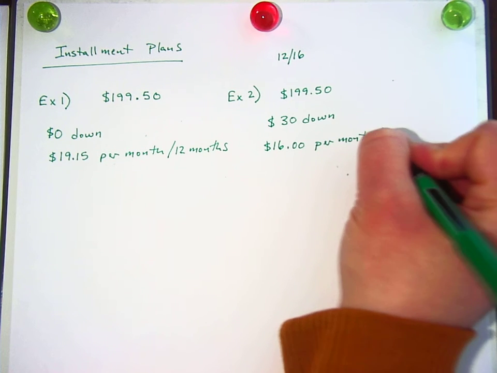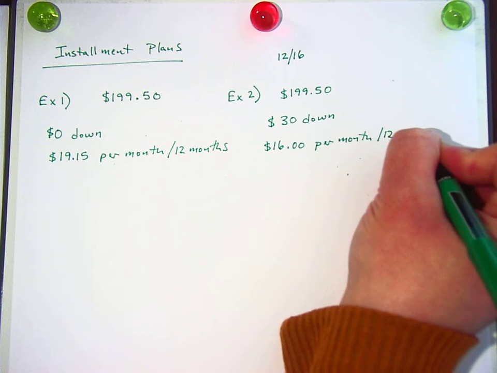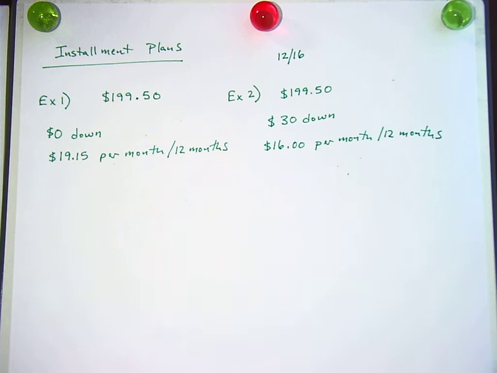Again, for 12 months. So 2 kind of different scenarios. And by the way, when you pay for an installment plan, it depends on the company. Some companies won't let you have the object until you've paid it off, and some companies will allow you to have the object before you've paid it off, so you got to make sure you know that.